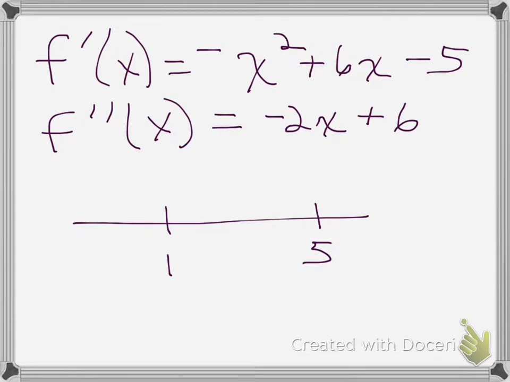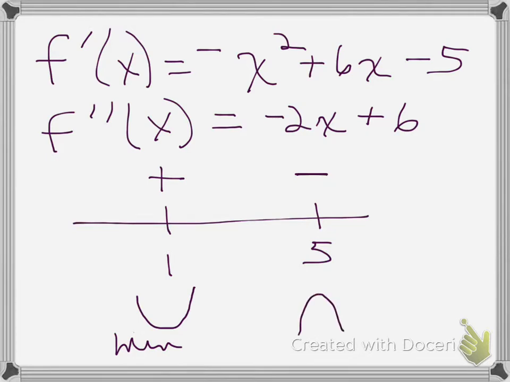If I plug 1 into the second derivative, I get negative 2 plus 6, and that's going to be positive, and a positive second derivative tells me I am concave up at that point, and that also yields a minimum. My 5 plugged into my second derivative will give me negative 10 plus 6, so that's going to give me a negative value of concavity right at the critical value, and that indicates I am concave down.